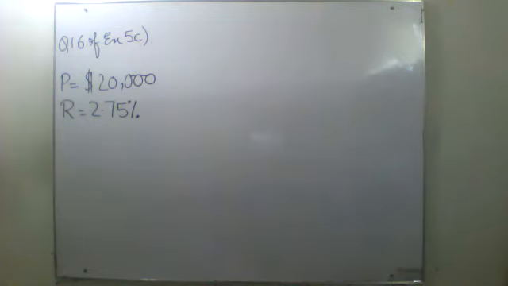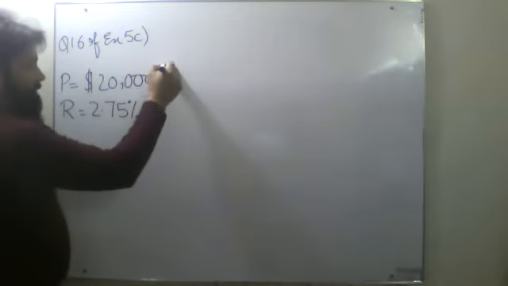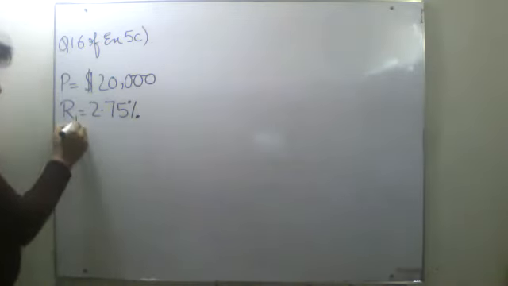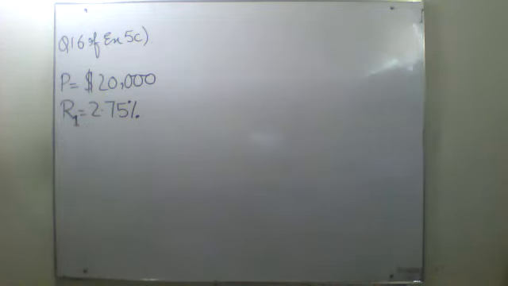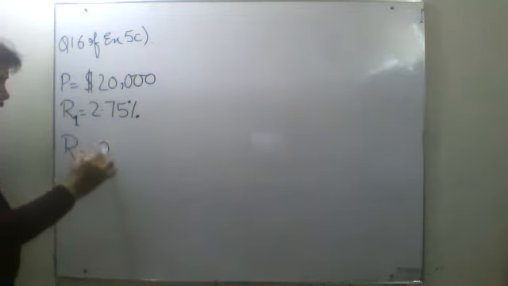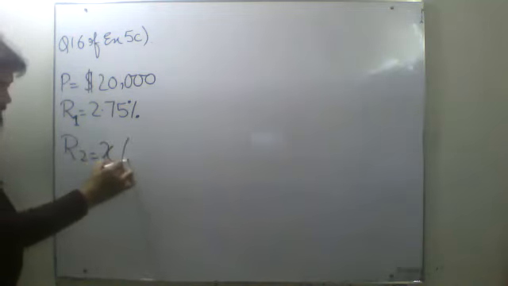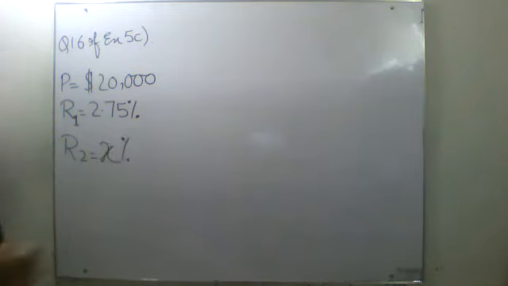Now what they are saying is, if the interest rate decreases to X% per annum, this was the first interest, now the interest has decreased to X%.